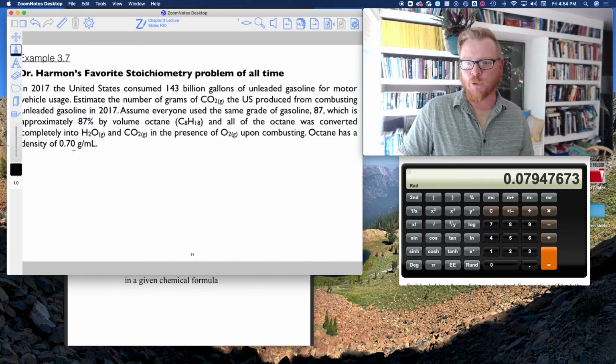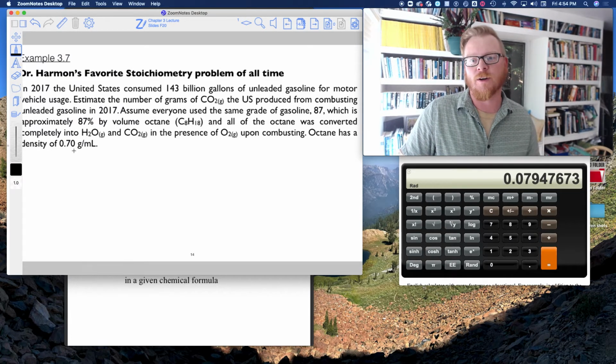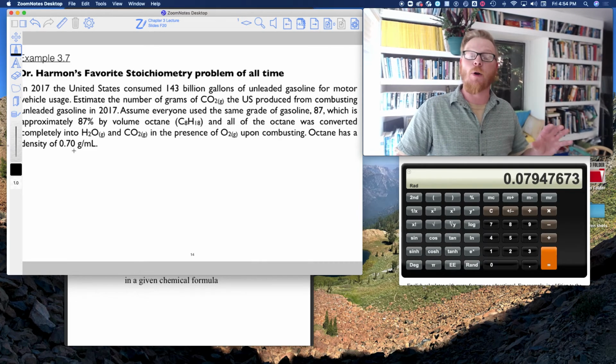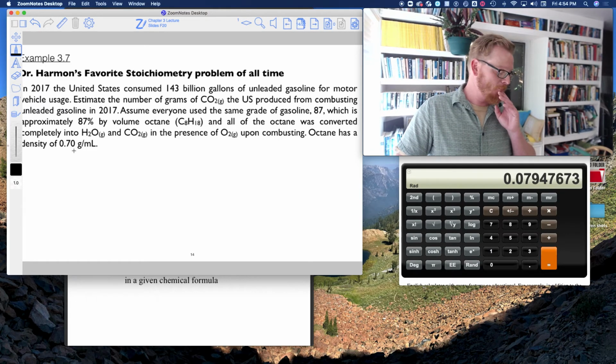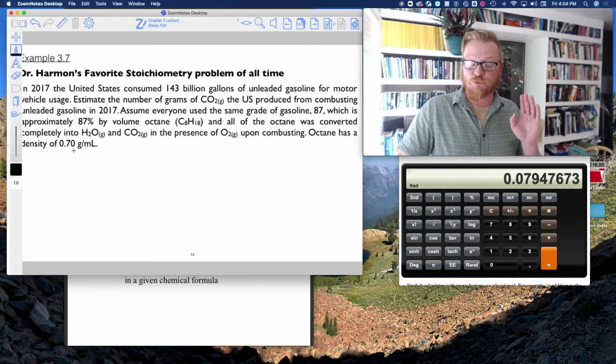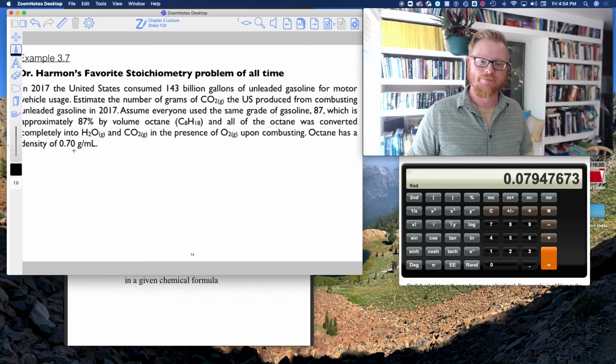This doesn't include boats or planes or turning the lights on, right? Charging your cell phones. This doesn't include any of that. This is just cars. This is a practical thing for you to learn and to be able to calculate. And we're going to do it. And once you learn how to do this, you're going to think that wasn't too hard. Okay, folks. I'll see you in the next video.